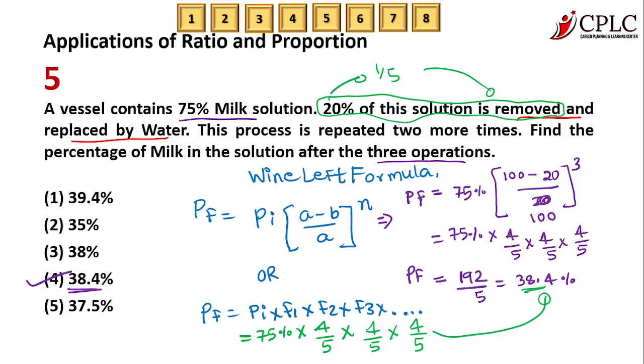Only the thought process or the calculation way is different, but the core idea is the same, which gives you the answer, 38.4. This is the wine left formula used in such kind of questions. So you can remember it and apply it whenever such things are required. That's the core philosophy behind it.